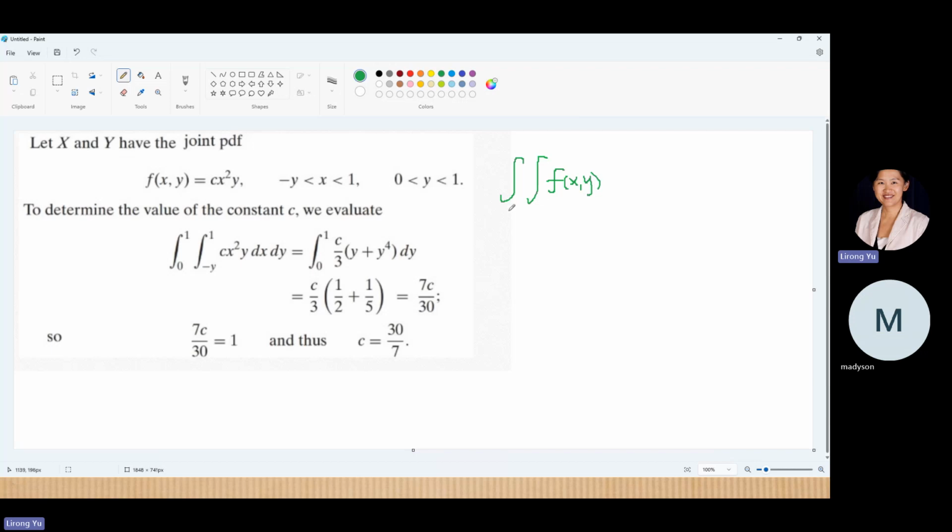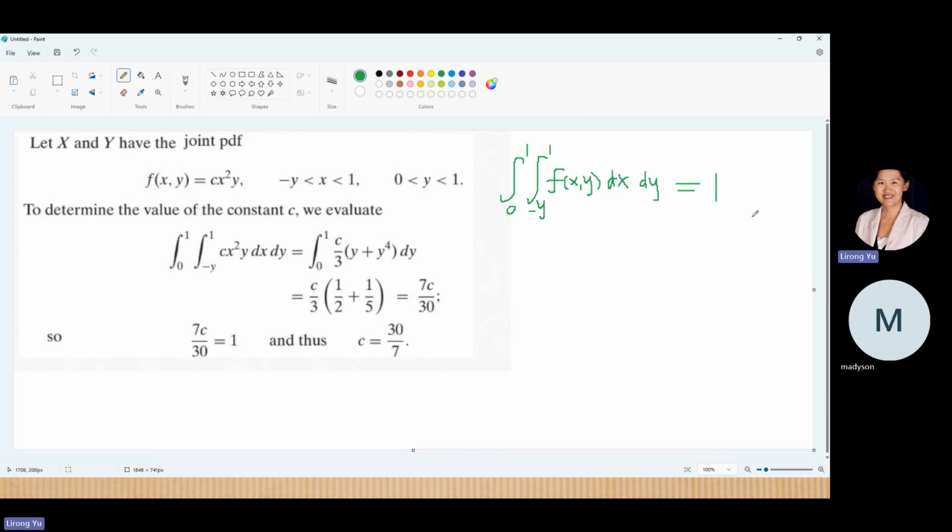So you will have 0 to 1 on the outside layer and -y to 1 on the inner integral. So you will have dx, because x has a boundary -y to 1, and then y has 0 to 1. So the integration of the density on the entire domain of the density function is equal to 1.